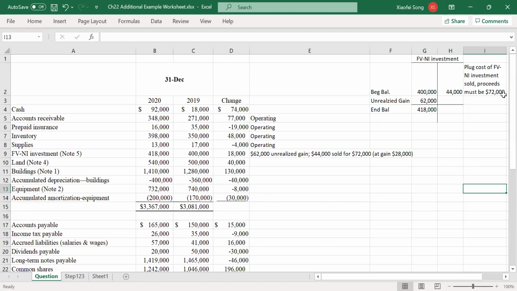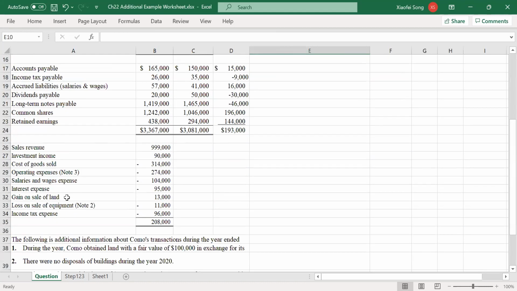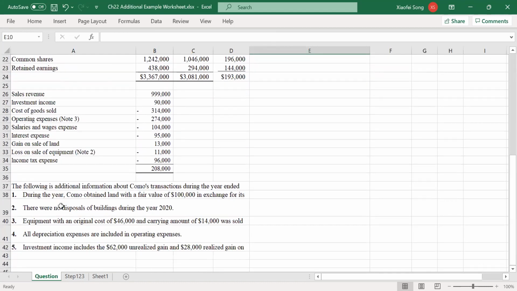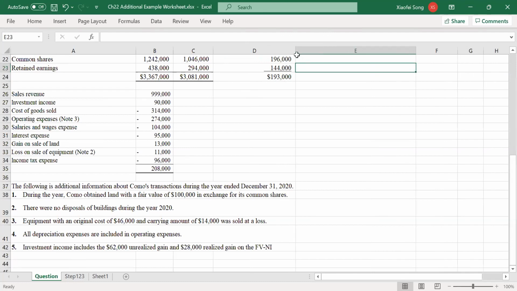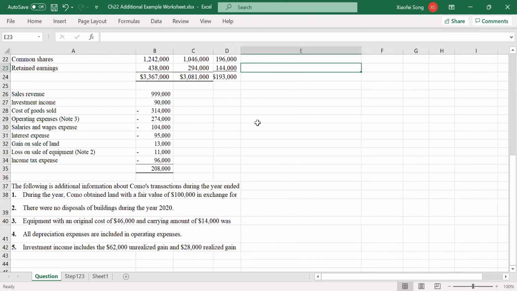Make sense? Yeah, okay. Land, there's a note, so let's go down to the note. The note number is a little bit off, but anyways, here's the note. During the year, Como obtained land with a fair value of 100 in exchange for its common shares, okay? So that's what happened. So we'll go back to look at that.